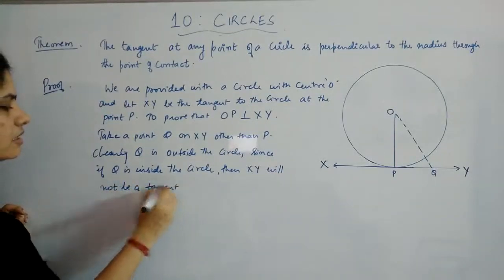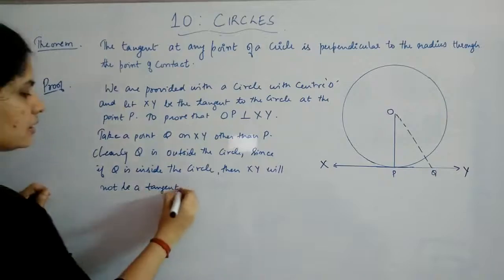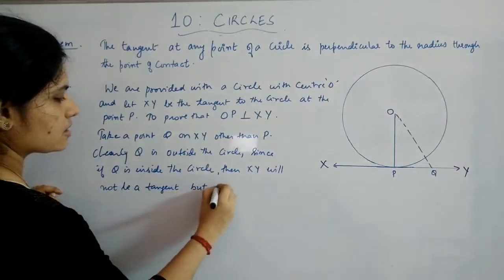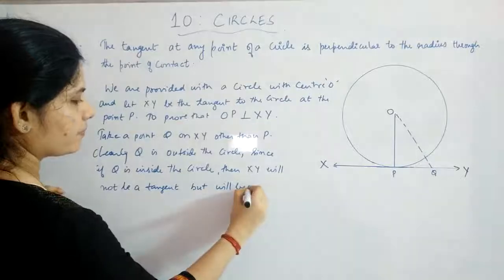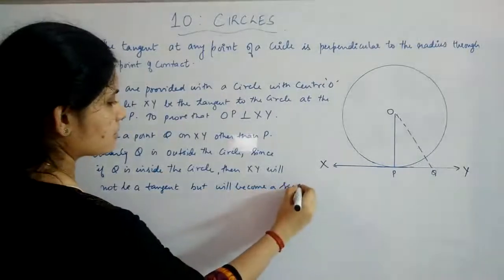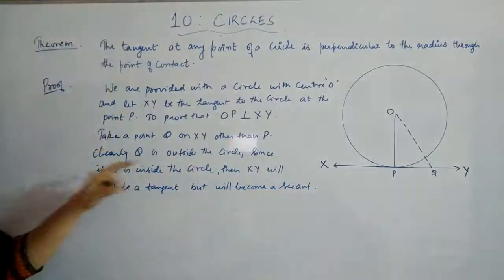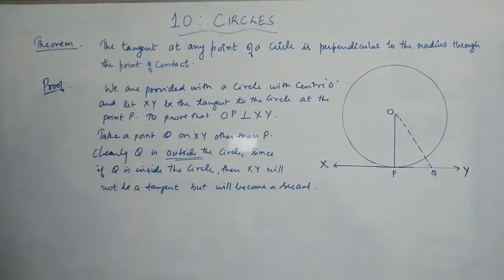It will become a secant, not a tangent. That's why we are saying that Q is outside the circle.